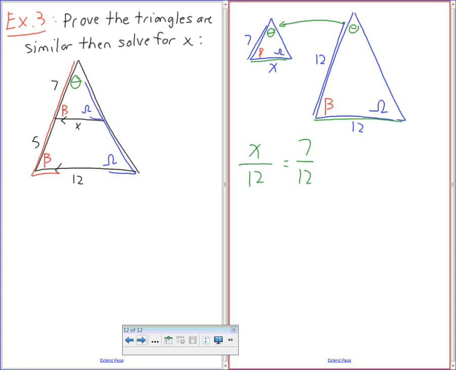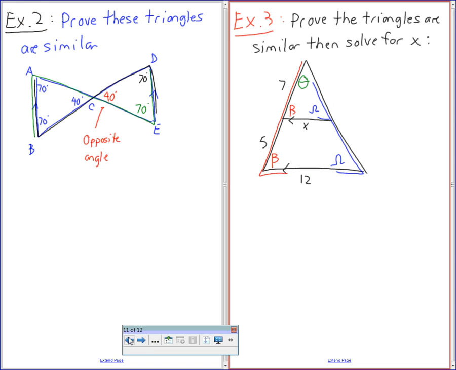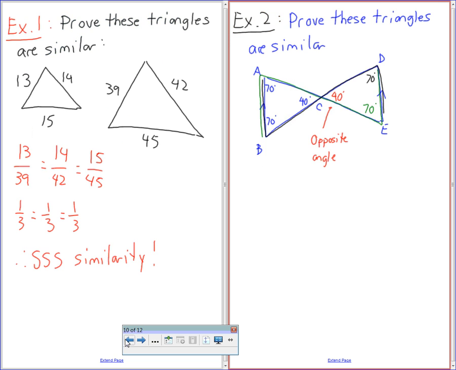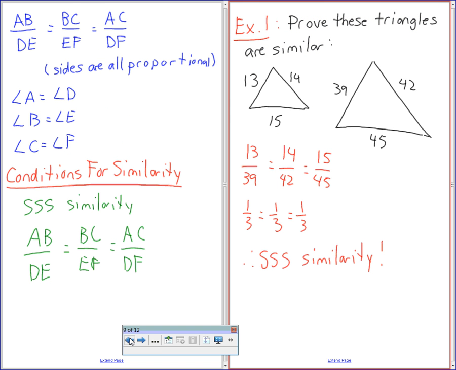Are we okay on where that equals thing came from? No? Why are they equal? Because they're similar. Going back to here, we said that if things are similar, the sides are going to be in the same proportions. And that's what we did here with the similar. How is 7 worse than 12?